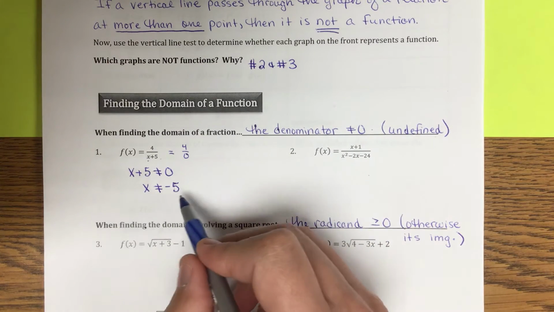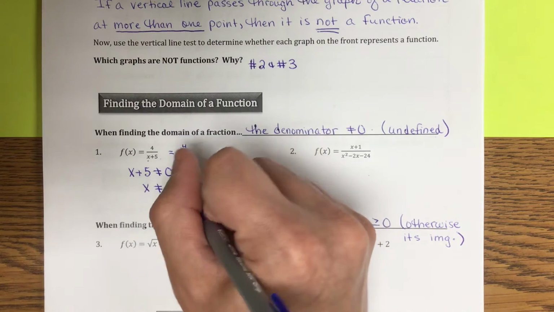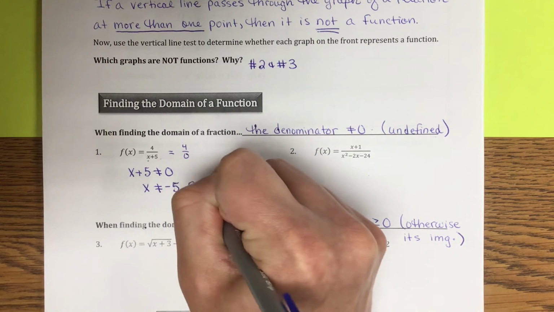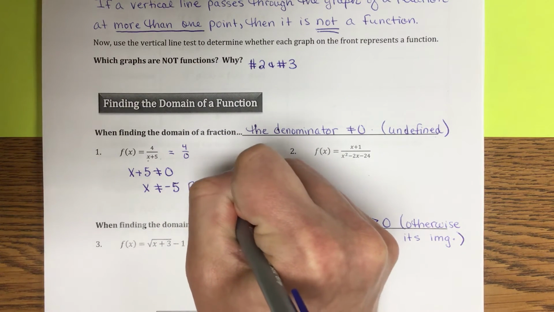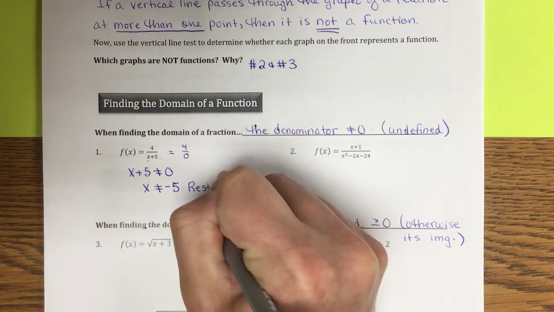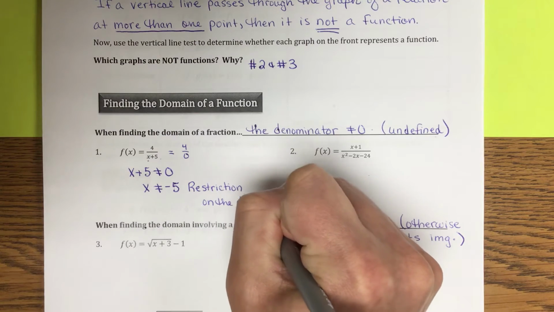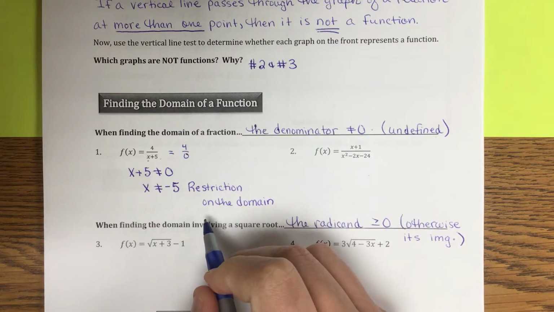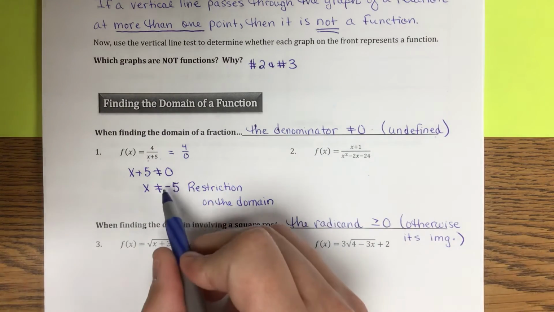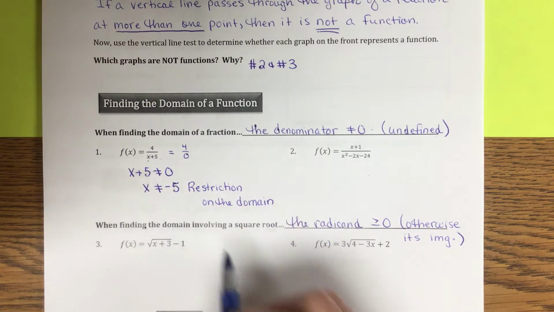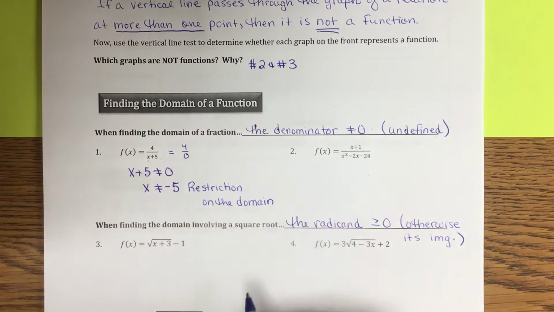So -5 is not part of my domain. This is called a restriction on the domain. So what I'm implying here is that the domain can be anything but -5. It's the only value that we can't have here.